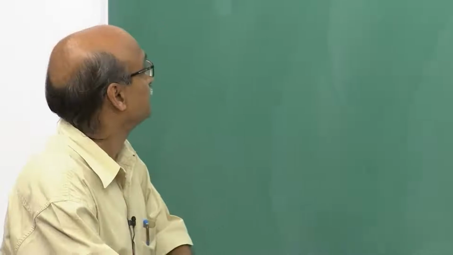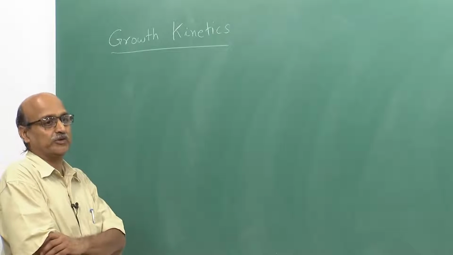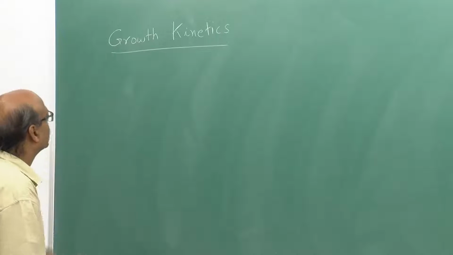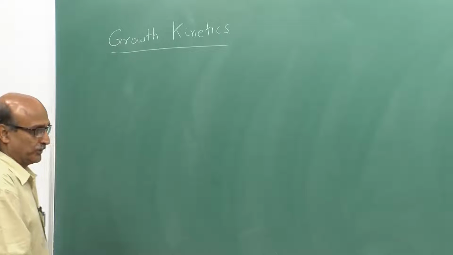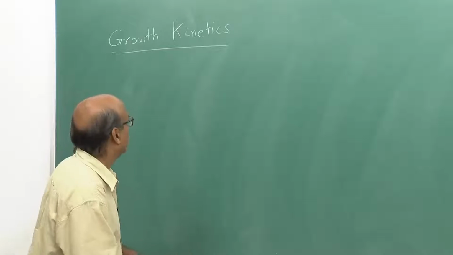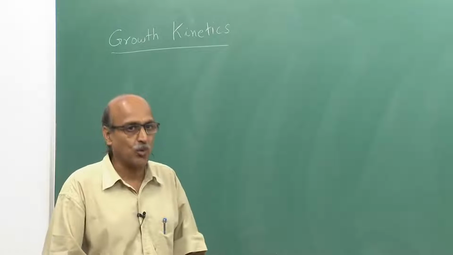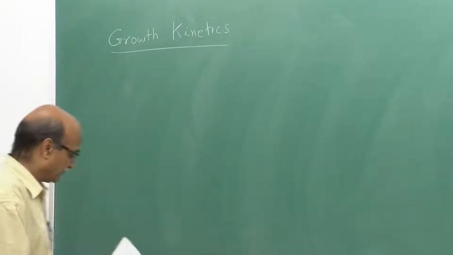So, what we are going to look from this lecture onwards is the rate at which a stable nuclei grows, or the growth kinetics of the stable nuclei. Together, the rate of nucleation and the growth kinetics will give us a quantitative idea of the rate of phase transformation.